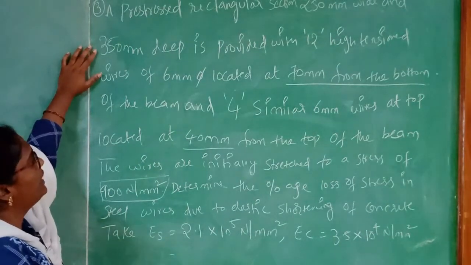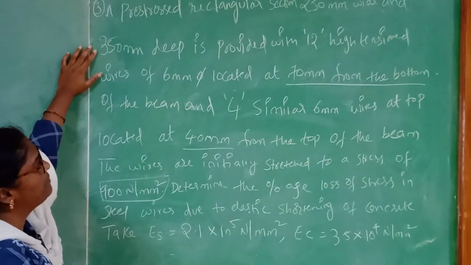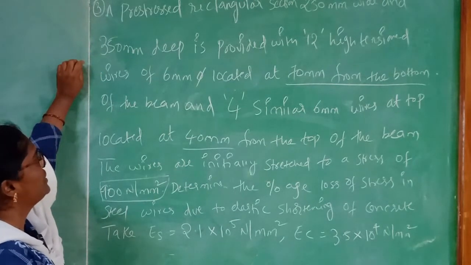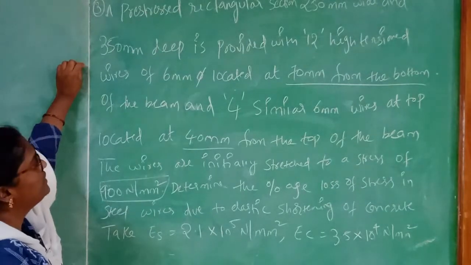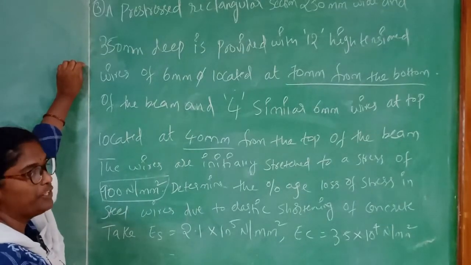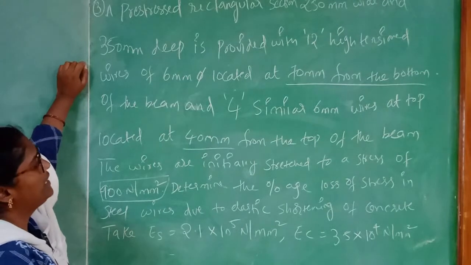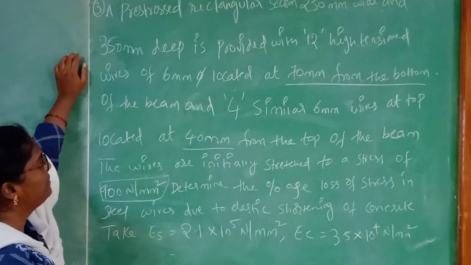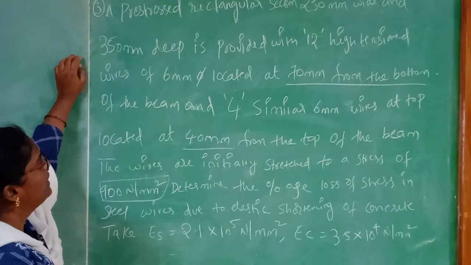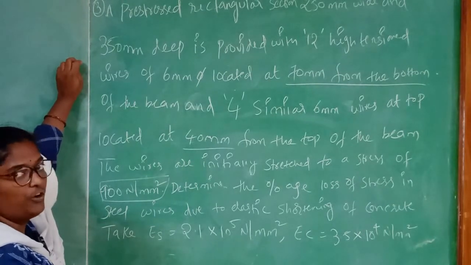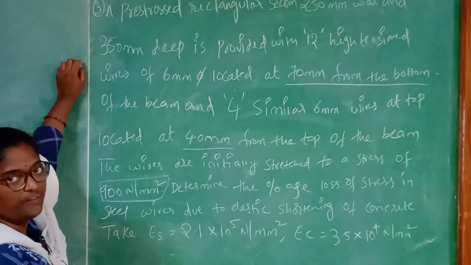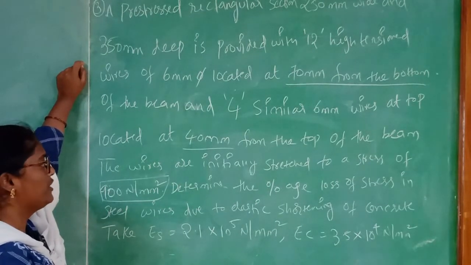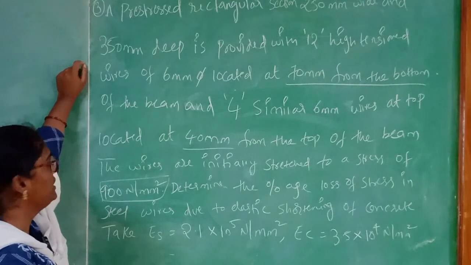The 12 high tension wires of 6 mm dia are located 70 mm from the bottom of the rectangular section, and 4 high tension wires of 6 mm dia are at the top, located 40 mm from the top of the beam.